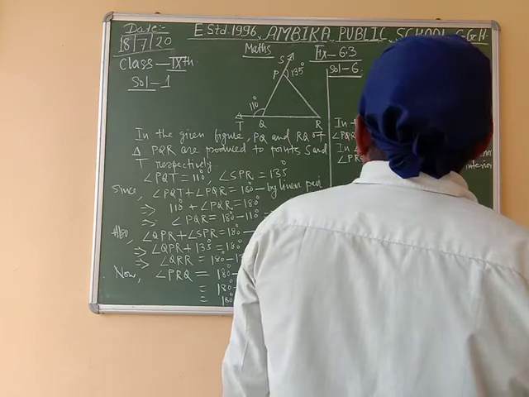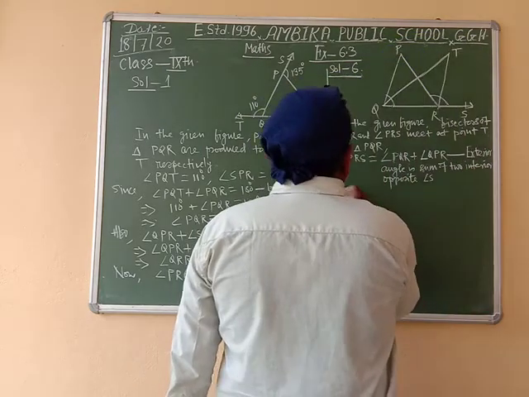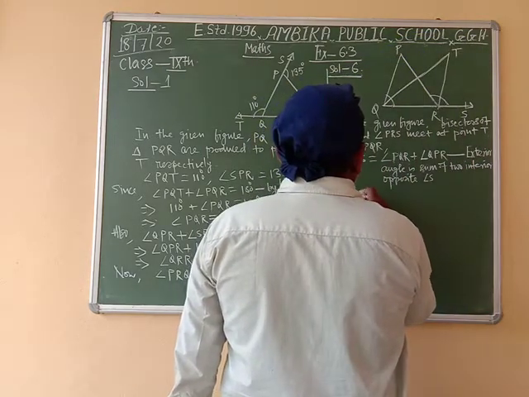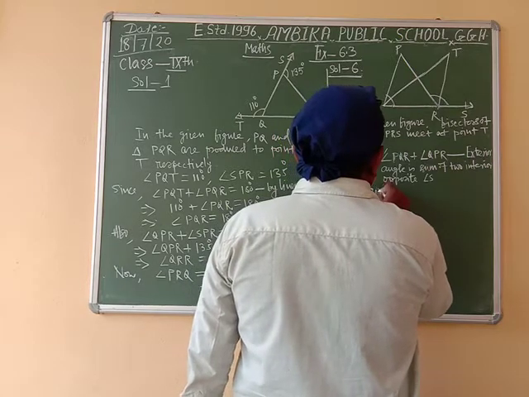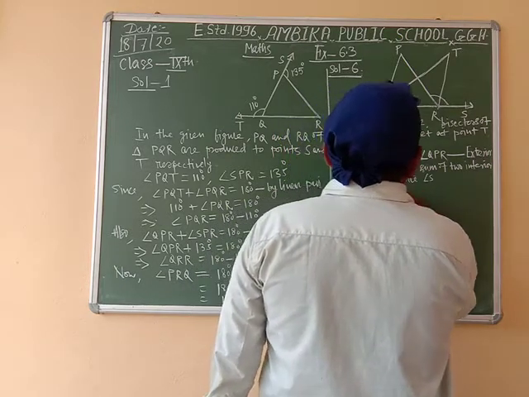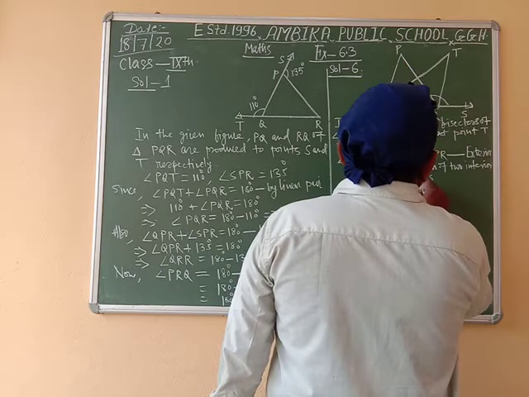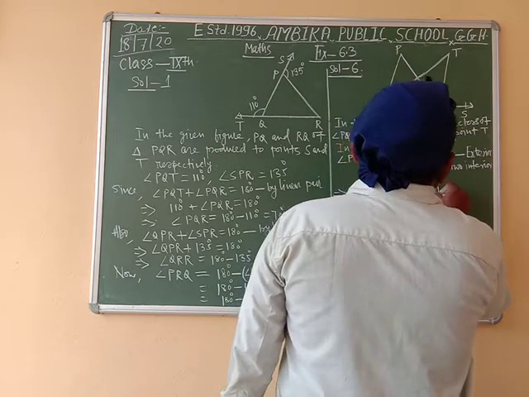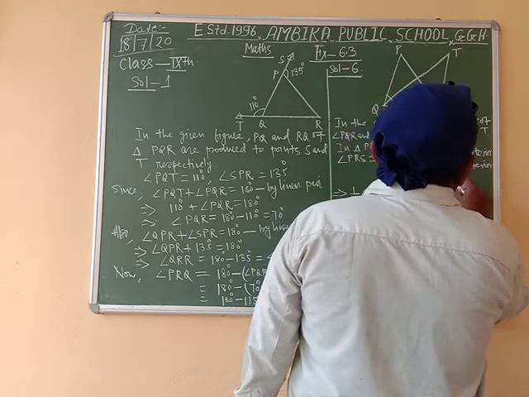So 1/2 angle PRS is equal to 1/2 angle PQR plus 1/2 angle QPR.